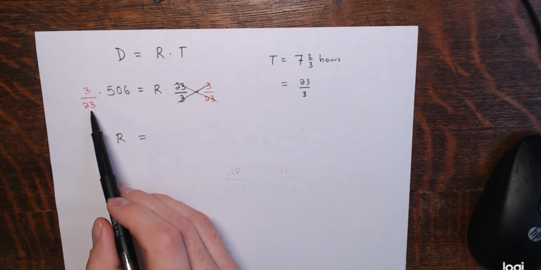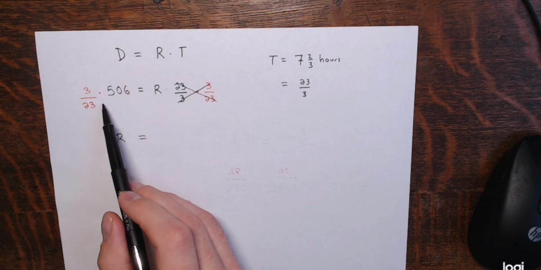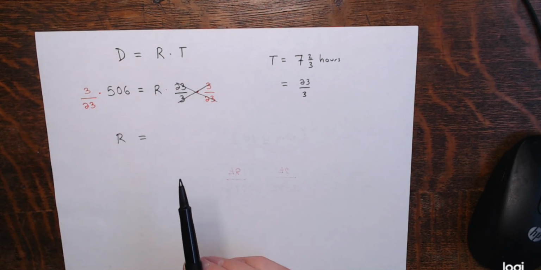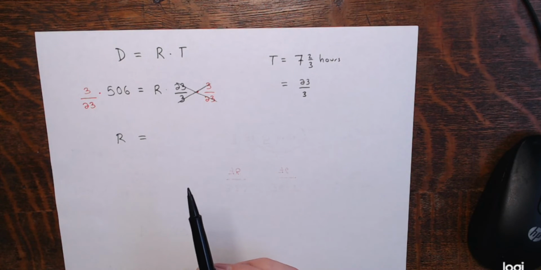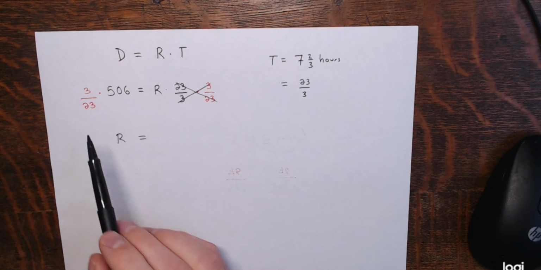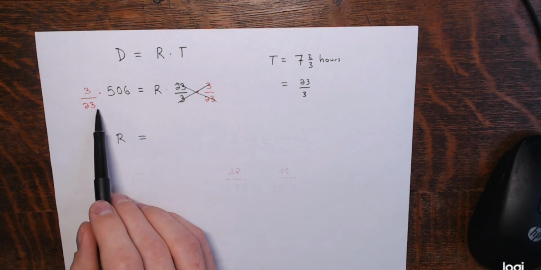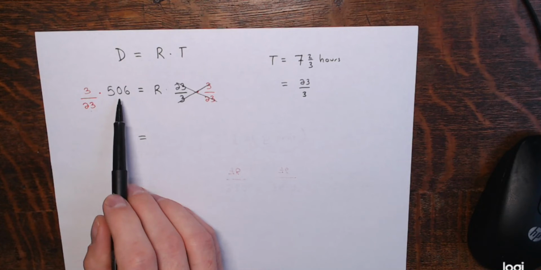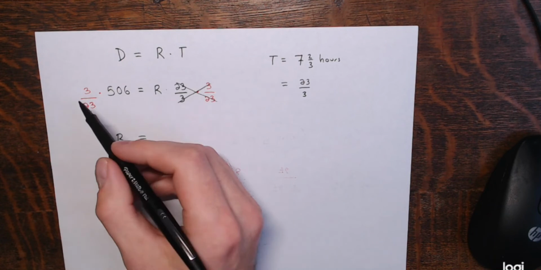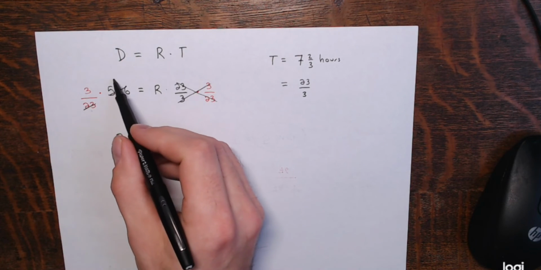Let's see, how many times is 23 going into 506? I know 23 times 10 is 230, so times 20 would be 460, and then plus another 46, so 22. 23 goes into 506 22 times.